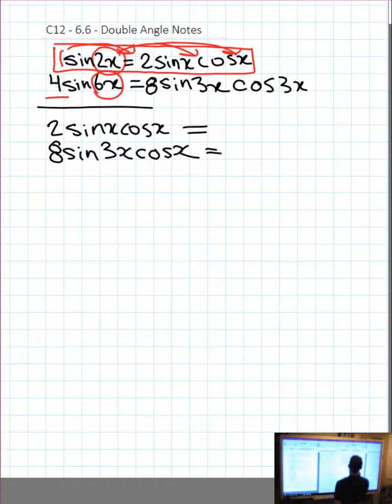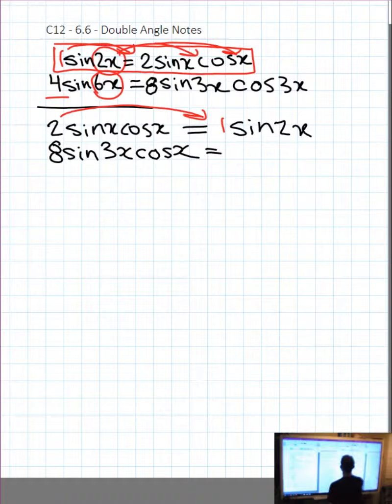equals the left-hand side of the formula, sine 2x, and I'm going to put a 1 in front. So what happened? I'm going to half the number in front. I used to have a number in front of 8, and if I half it, I get 4.